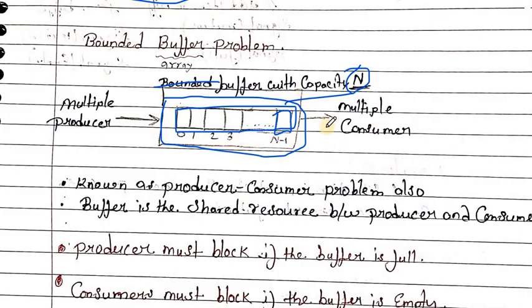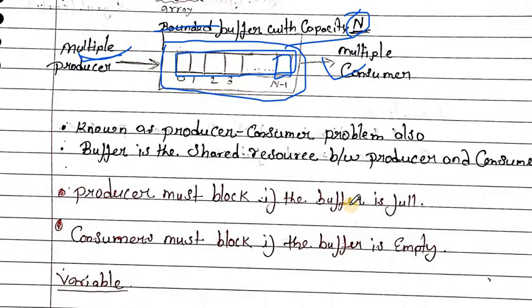So if the array is empty, the consumer is blocked. If the array is full, the producer is blocked, because no other value can be inserted into the buffer since the array is already full.